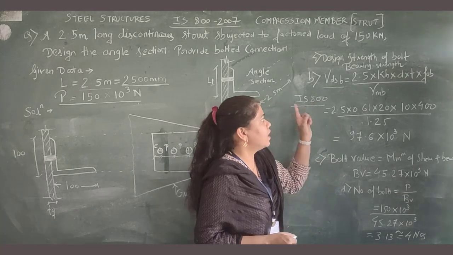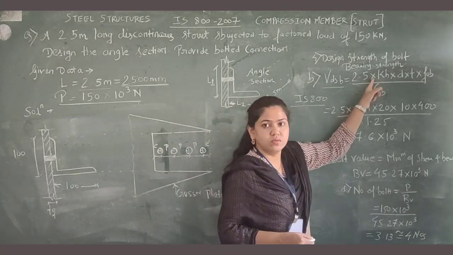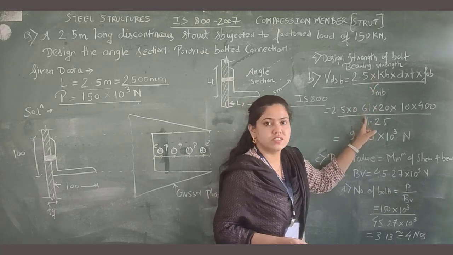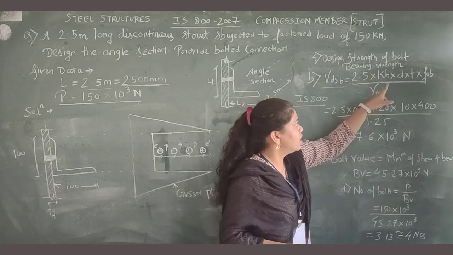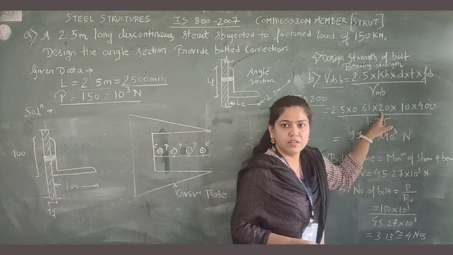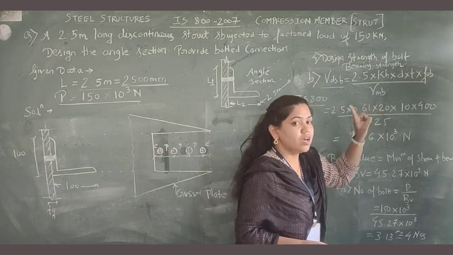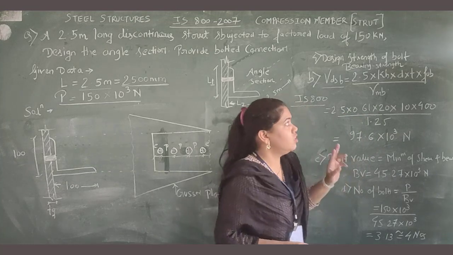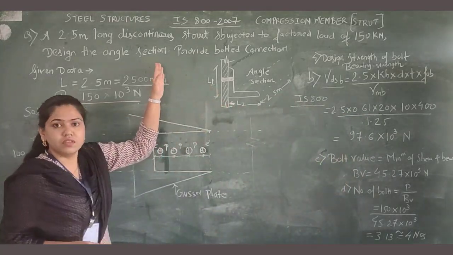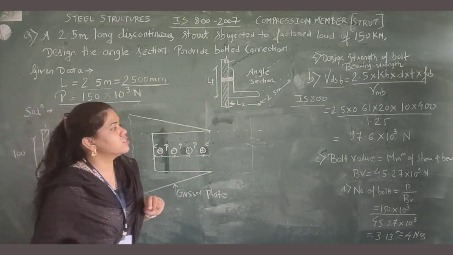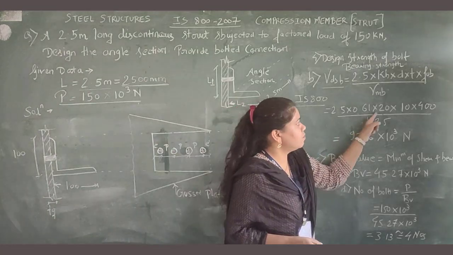I already calculated the KB value, which is equal to 0.61, the reduction factor. Diameter of bolt: in the numerical the diameter is not given, so we assume the diameter of bolt is 20 mm, right?